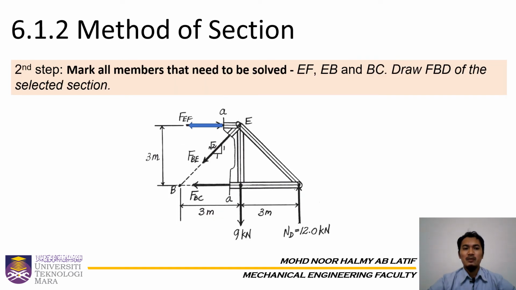Next step is to mark all the members that we need to solve, which is BE, EF, and BC. So draw the free body diagram for the selected section, which we have over here. The assumption that we need to have is that all unknown forces are acting outward, which is here, here, and here.